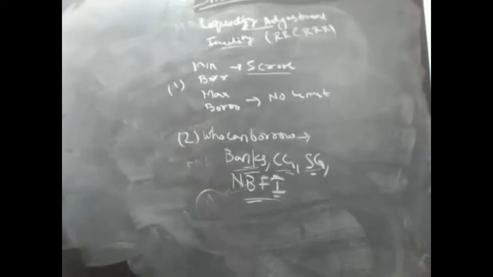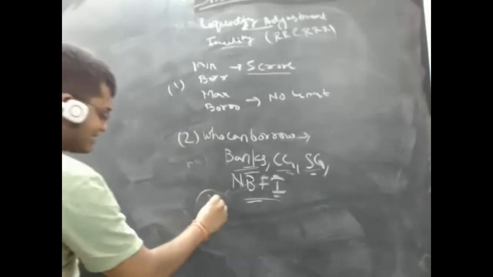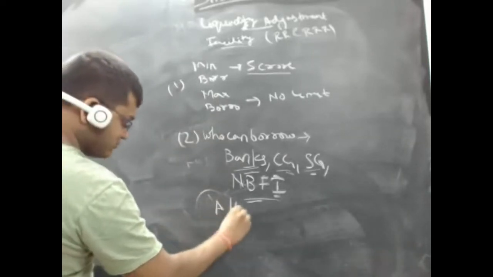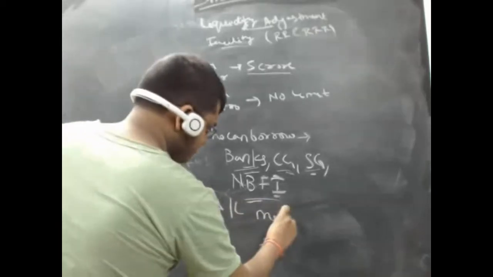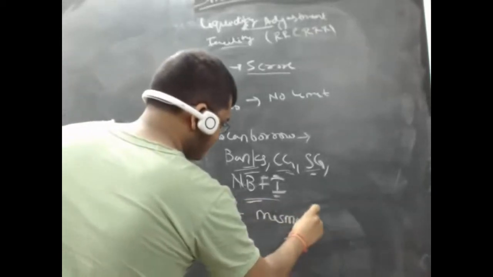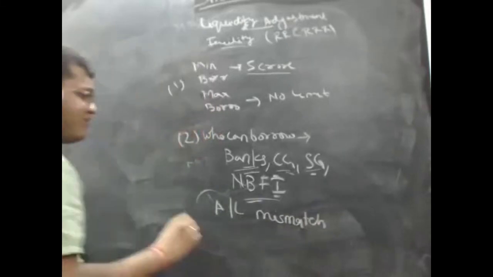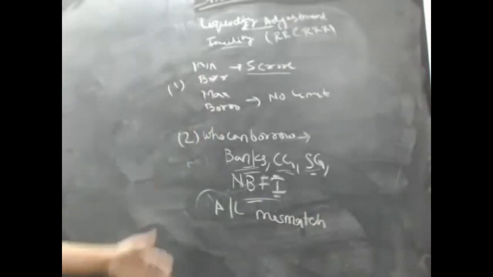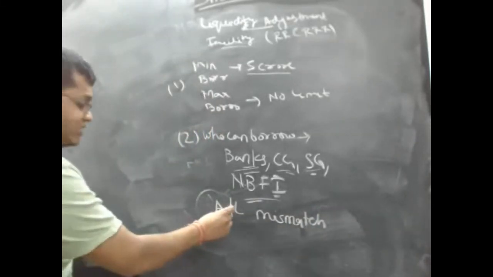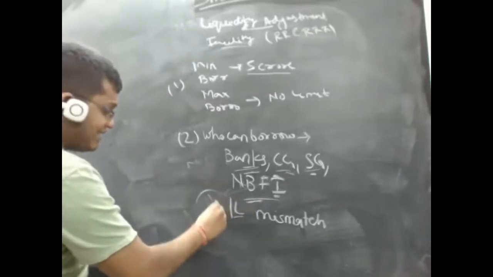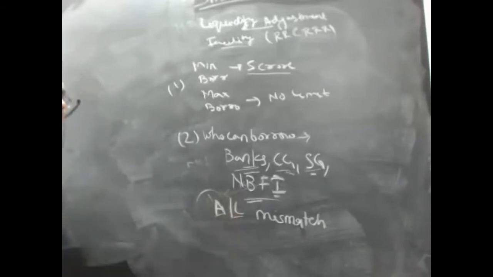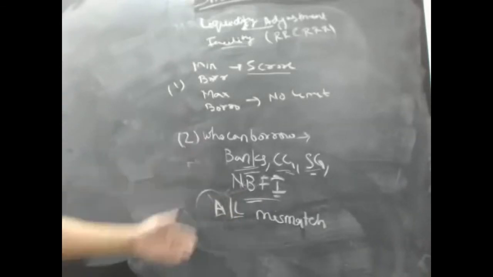Okay? See, there is one more concept called asset liability mismatch. Usually financial institutions, so banks and insurance companies, have to match their assets to their liabilities. If they find a mismatch between their assets and liabilities, then they go and borrow money from RBI or invest money with RBI.